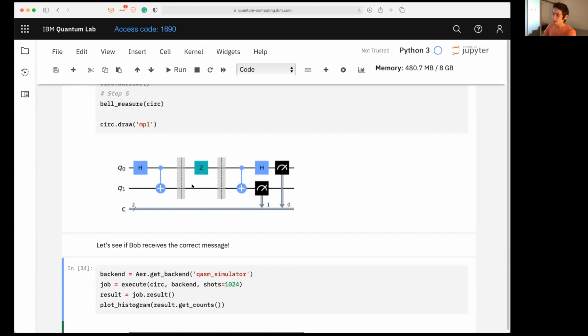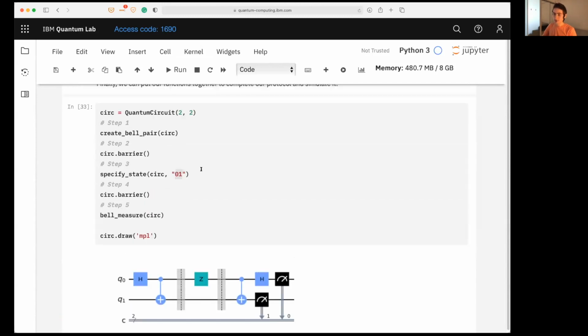But one way that you can think about this is to imagine the circuit bending up after this second barrier and going off somewhere far away, right? You could even imagine that the circuit goes out of our view and someone somewhere is going to apply some gates and then send this qubit back. We don't necessarily know what gates were applied here.